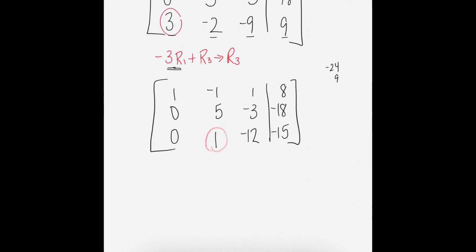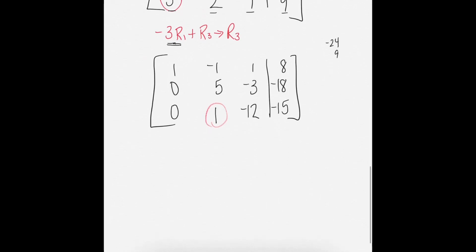Next one is to make this one here a 0. So here's the key: you don't want to undo this one or this one. You might say, hey, just take row 1 and add it to row 3 and make a new row 3, because they're additive inverses.